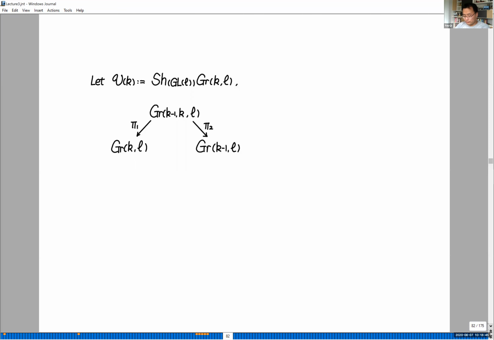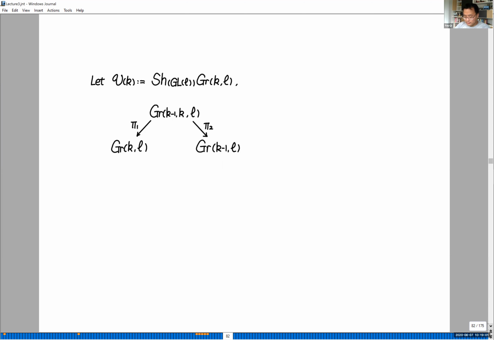Well, I'm overcomplicating the situation a little bit. There is only a single orbit in this geometry, so you're essentially considering constant sheaves on the entire variety.